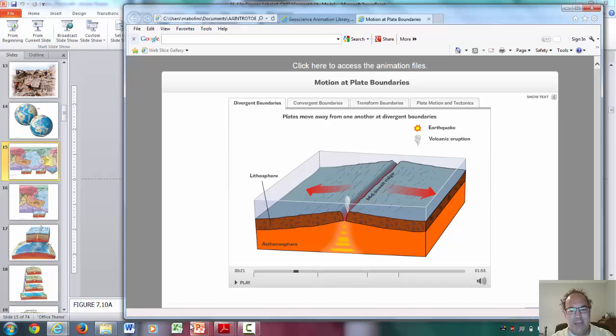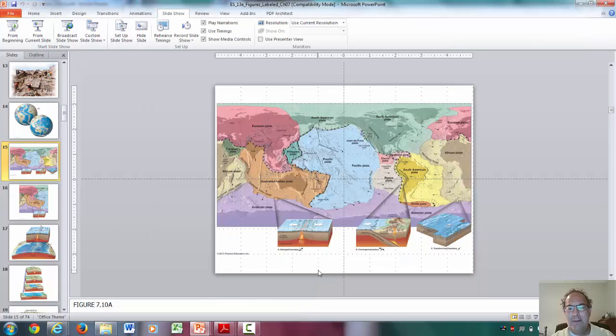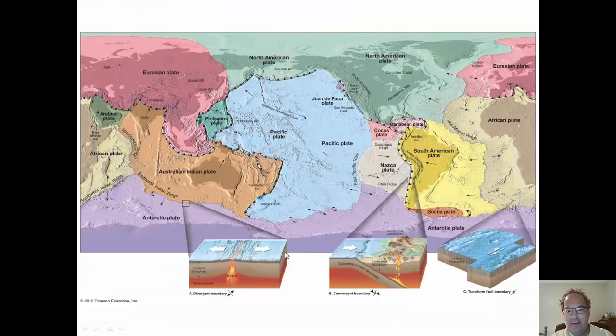In addition to divergent plate boundaries, there are also convergent plate boundaries. At a convergent plate boundary, two plates come together. There's a convergent plate boundary off the coast of Washington State, Oregon State, Northern California.